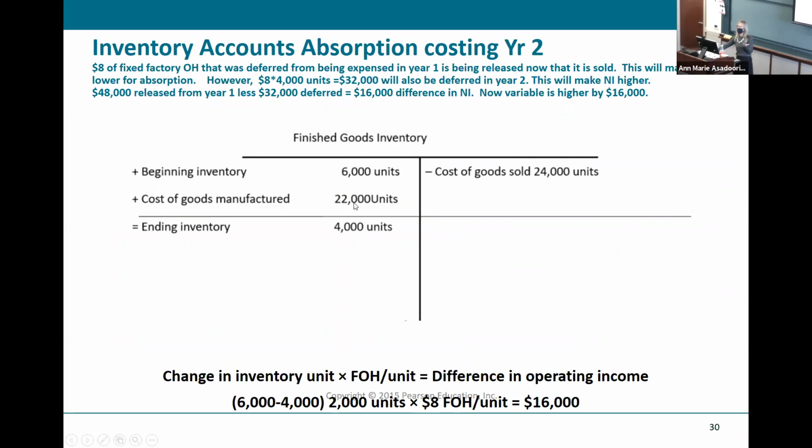You made another 22 and you sold 24, which means now I'm going to have 4,000 units unsold. Beginning plus cost of goods manufactured minus cost of goods sold gives you 4,000 units not sold. If I want to know the change in inventory, I went from 6,000 to 4,000. My inventory went down by 2,000 units beginning to end.